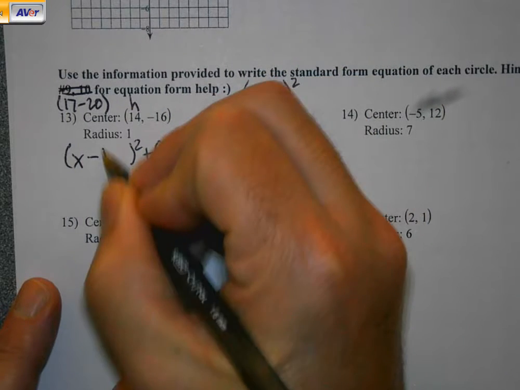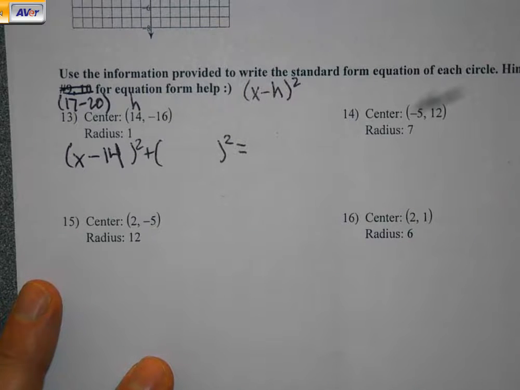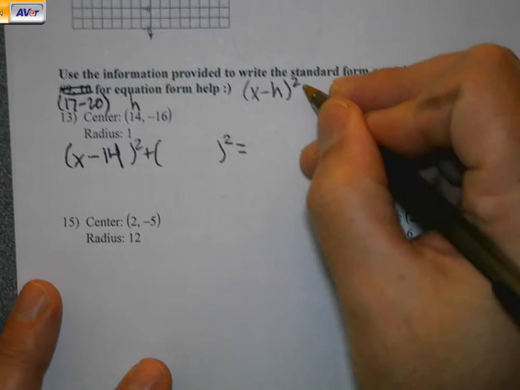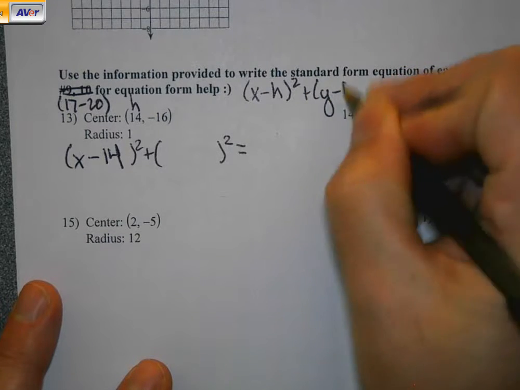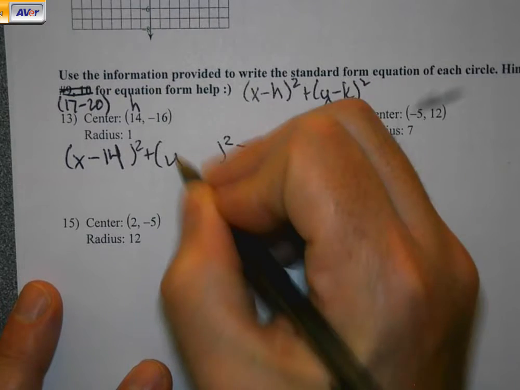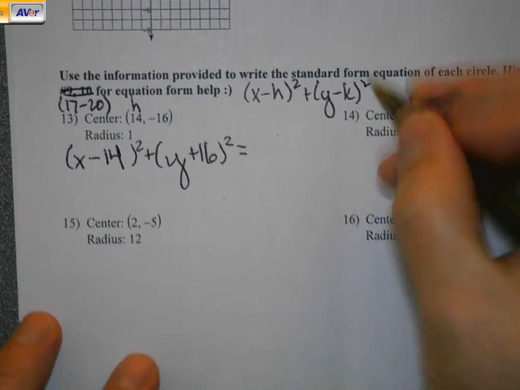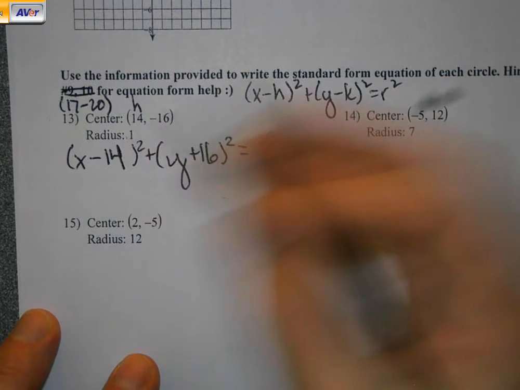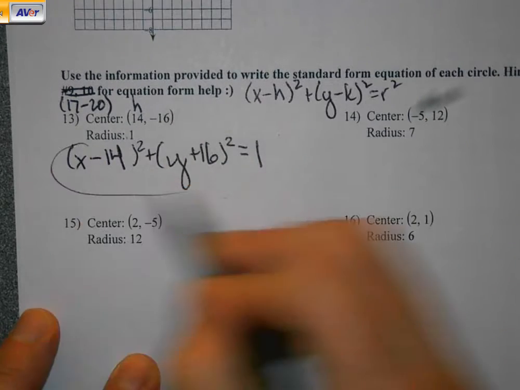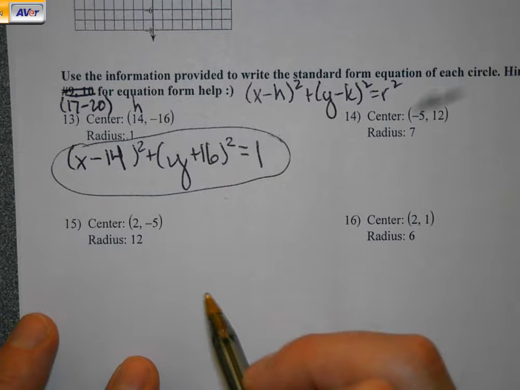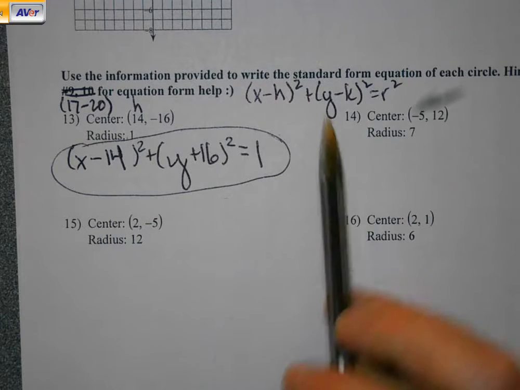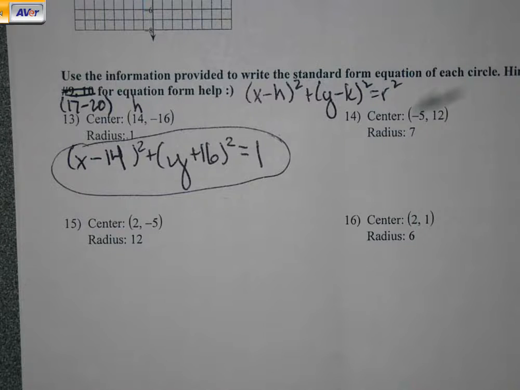So whatever you see in the parentheses, you're using the opposite signs. Y opposite of k, opposite of negative 16 is positive 16. And then we square whatever the radius number is, and that's it. But by some means, you've kind of got to have an idea of that in your head.